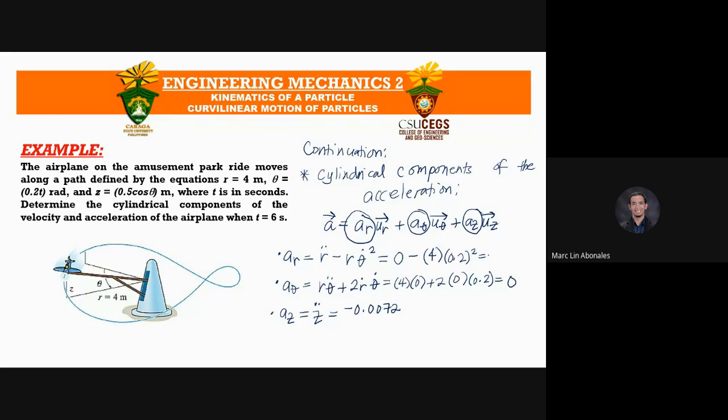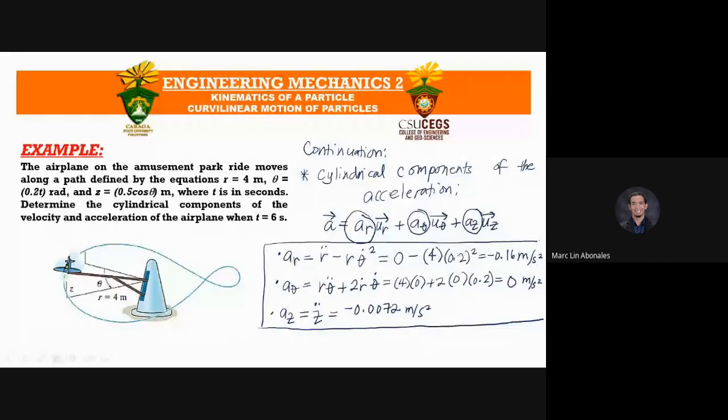Negative 0.16. And the unit is meters per second squared because that is acceleration. Meter per second squared and meter per second squared. So this is your cylindrical components or coordinates of your acceleration.